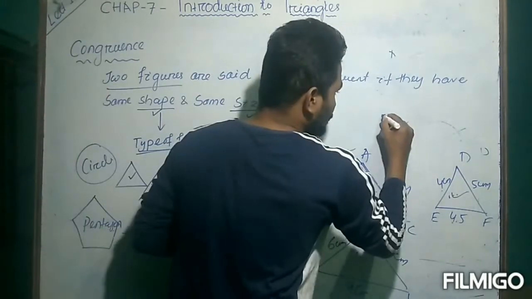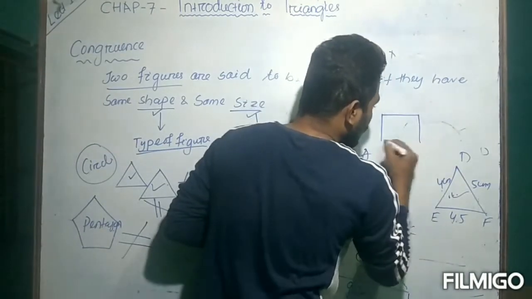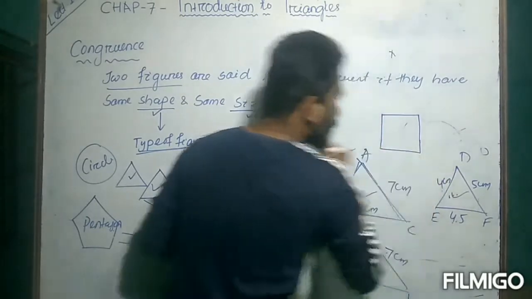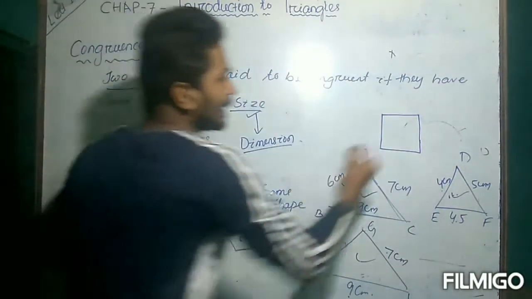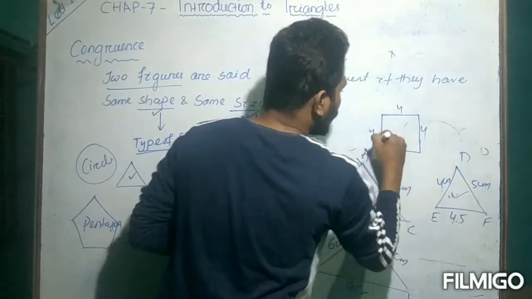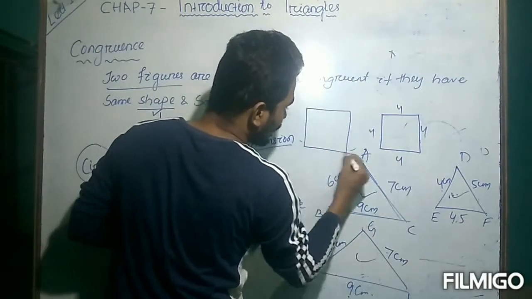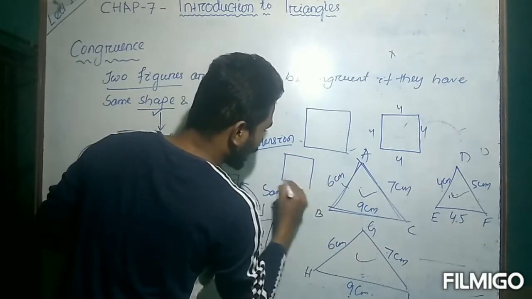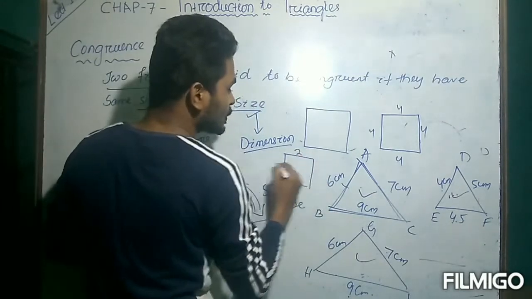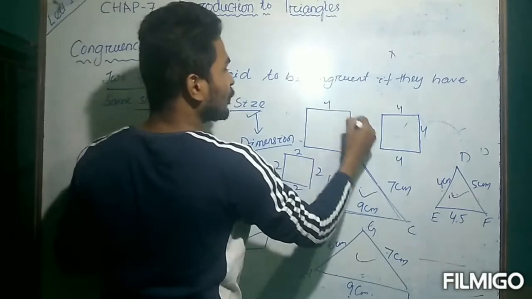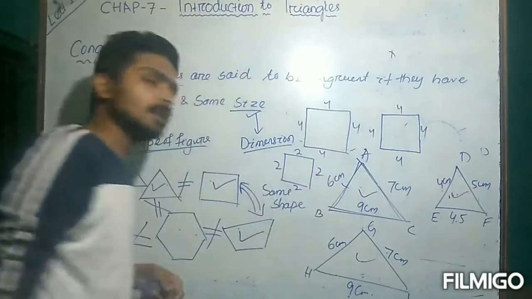Okay? For example, if this is a square of side 4, then this is another square. Its side is 2, 2, 2, 2. This one has sides 4, 4, 4, 4.